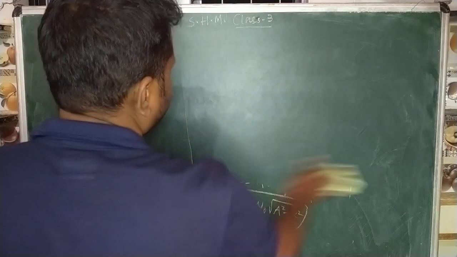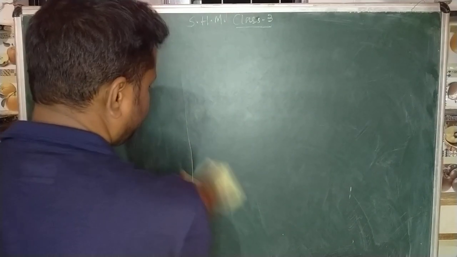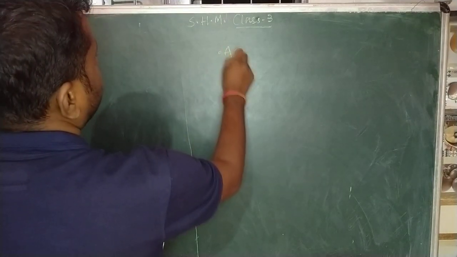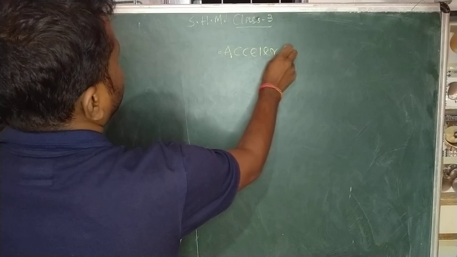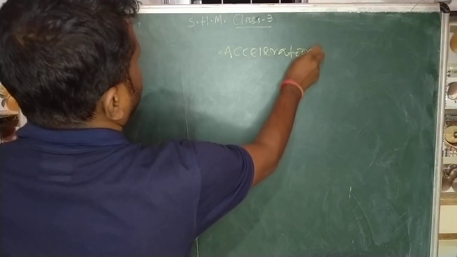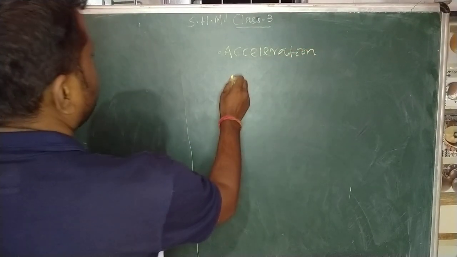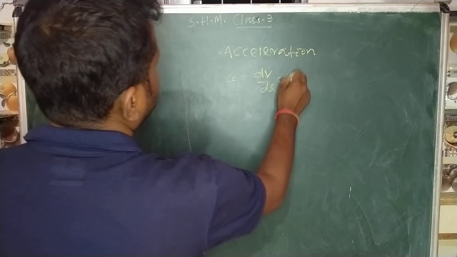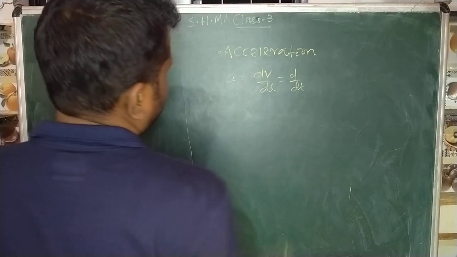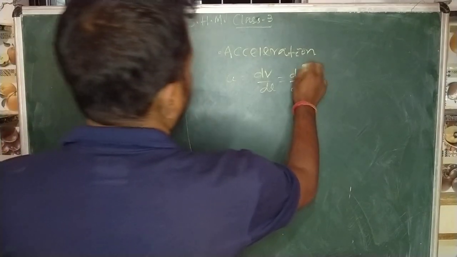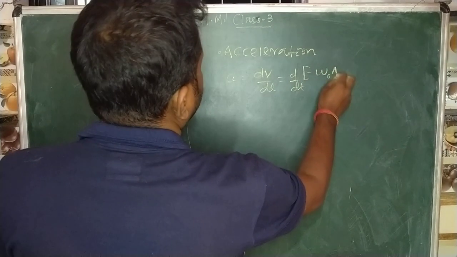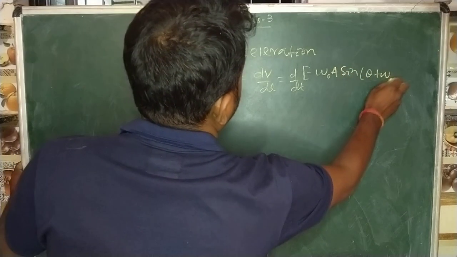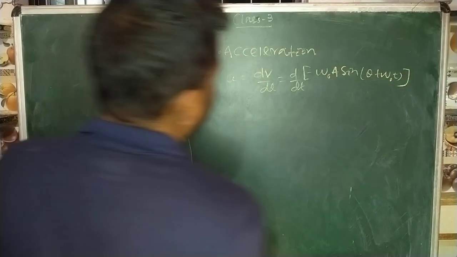Now let's proceed towards acceleration. Acceleration A equals dv by dt, which is d/dt of V, our minus omega naught A sin(theta plus omega naught t).